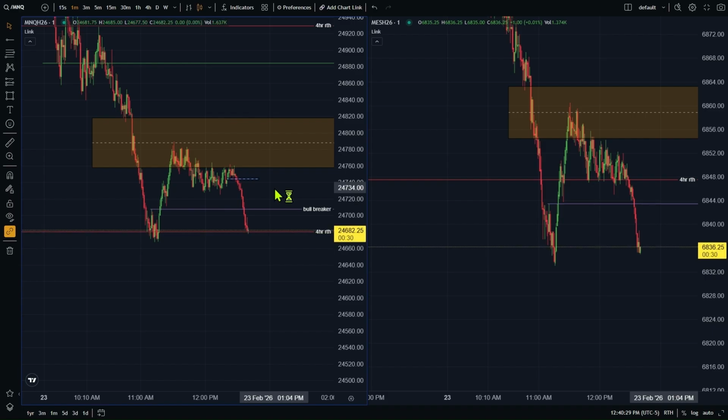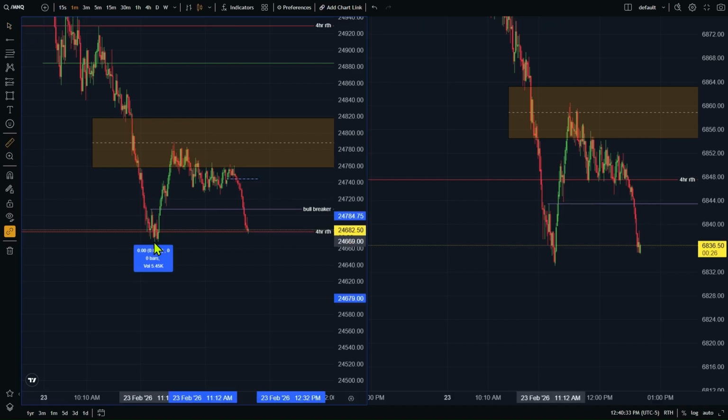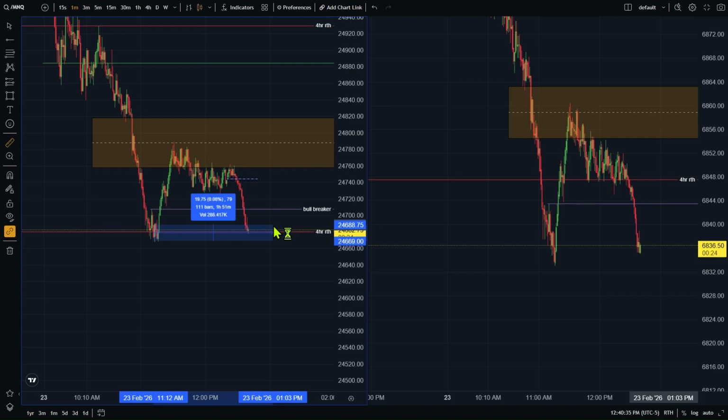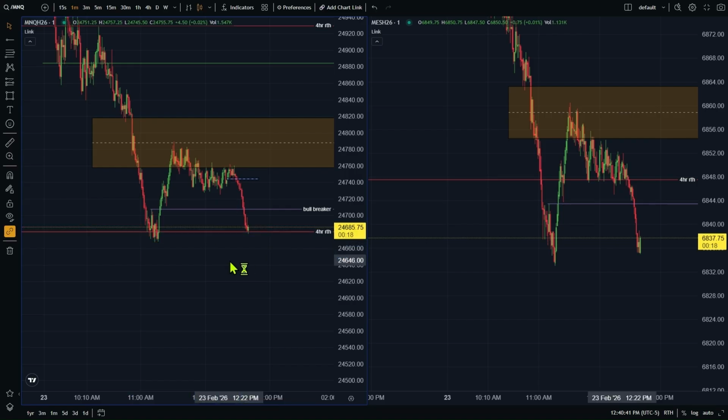It would be pretty cheap. If you jumped in right there, it would be 12 points. So it would be cheap. But why risk money you don't have to risk?